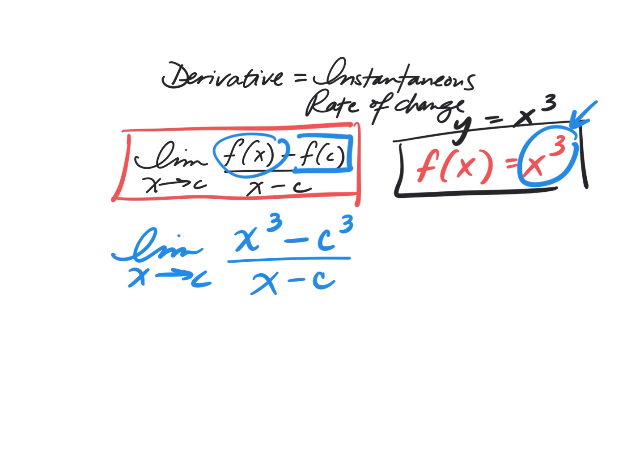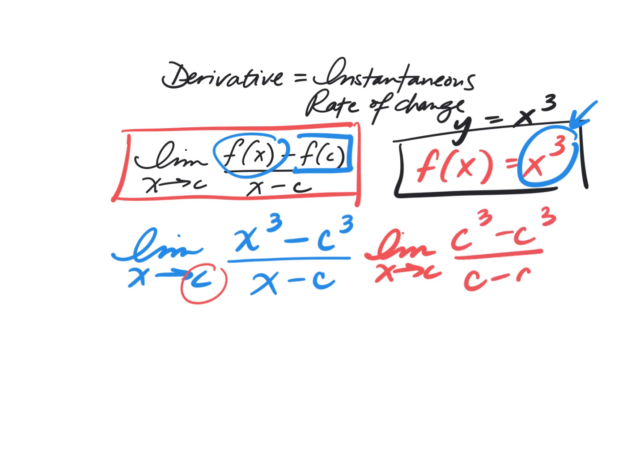Now, with limits, you can always plug the value in. So in this case, it's c, and we can see what we get. So if I were to plug c in for x, I'd get c cubed minus c cubed on the top and c minus c on the bottom. That's 0 over 0. And like we talked about today, that is never an answer.